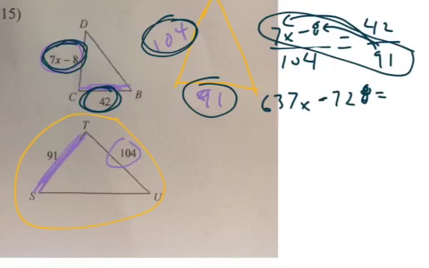And that, of course, is going to equal whatever 42 times 104 is, which happens to be 4,368. Let's make sure we do our math correctly.